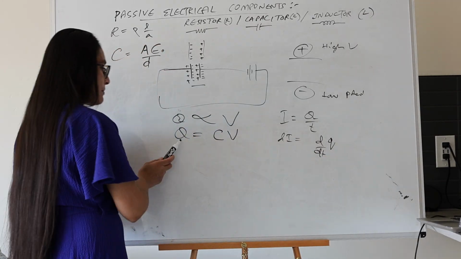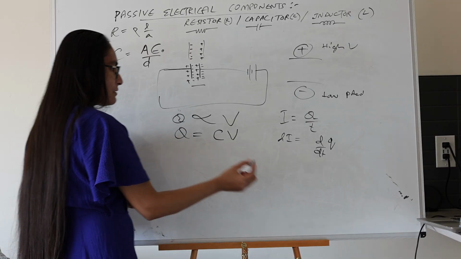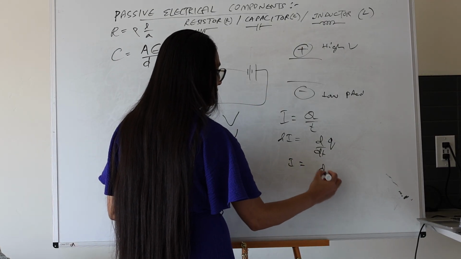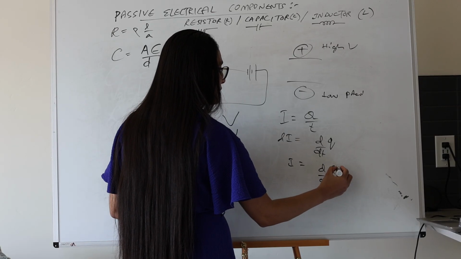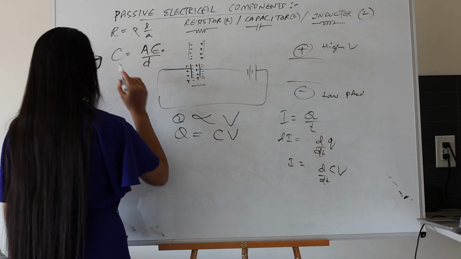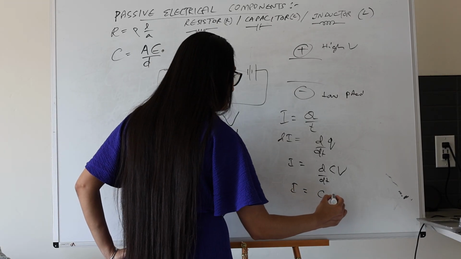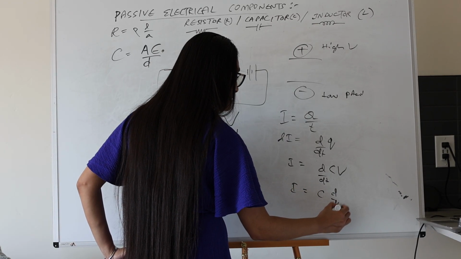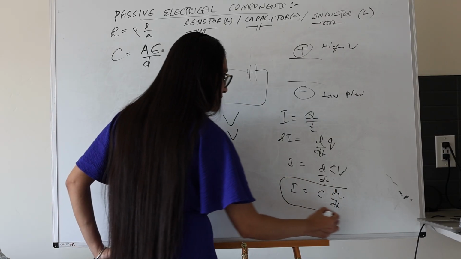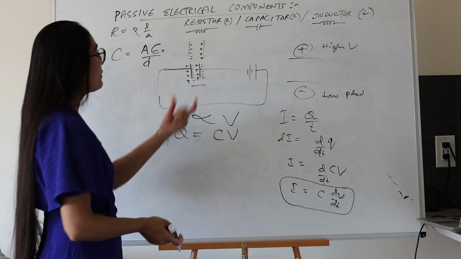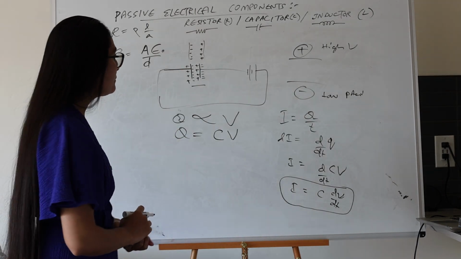Now Q is equal to C times V, so we can say I is equal to d over dt of C times V. C is a constant, so we can pull that out: I is equal to C dV/dt. This is the relation between the voltage and the current flowing through the capacitor.